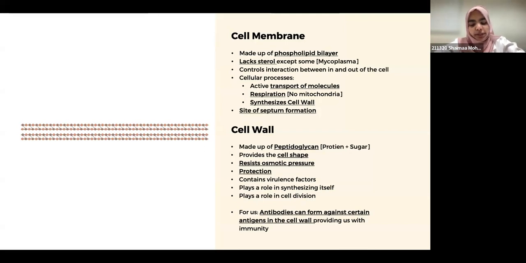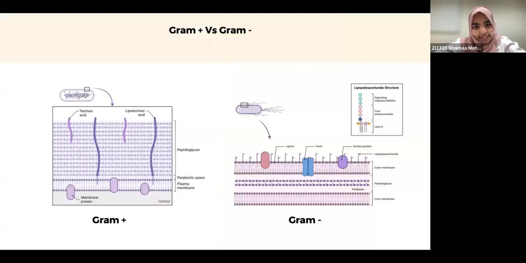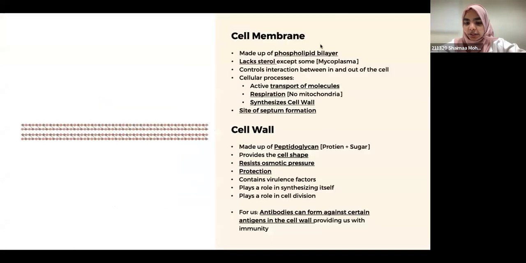And another very important thing about the cell wall is that it helps us differentiate between gram-positive and gram-negative bacteria. Okay, so this is the cell envelope of a gram-positive bacteria, and this is the exterior of a gram-negative bacteria. What are some differences that you can notice? Which slide? Sorry, this one?